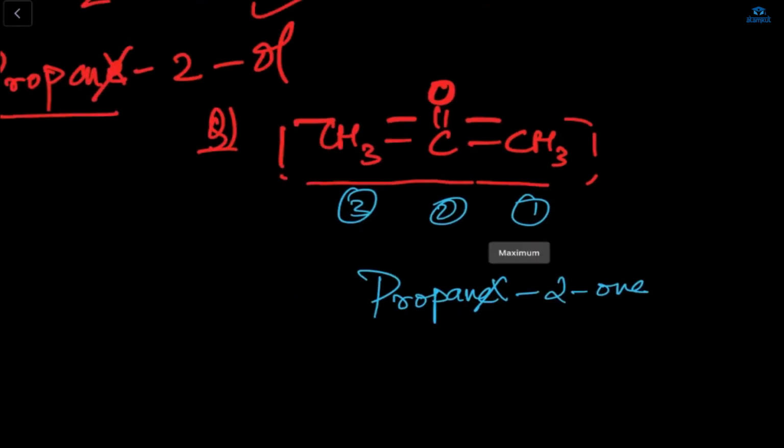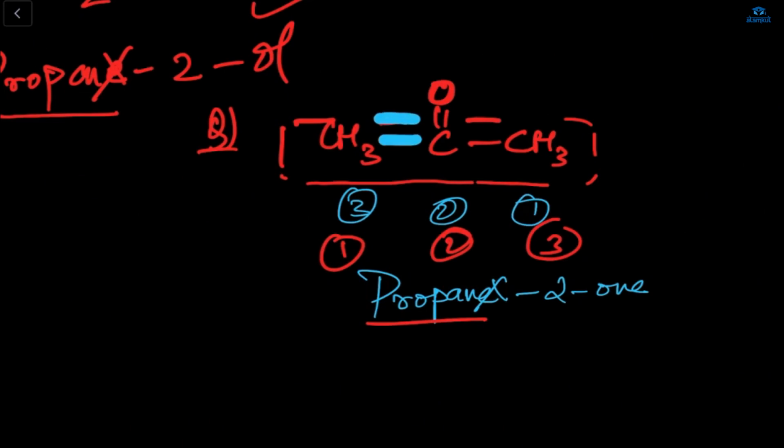Very simple. Now here, how many carbons? Three carbons, so for three we write propane. We can start numbering from this side or from this side. Now here you can see that this has a double bond as well as this functional group. Now we have to decide whether to give priority to the double bond or the functional group.